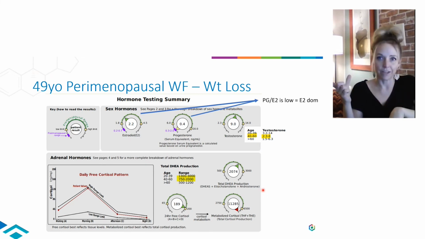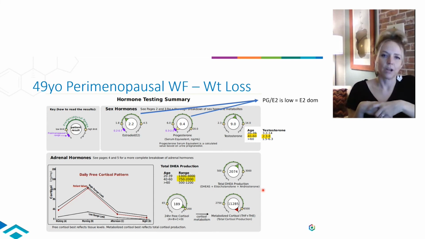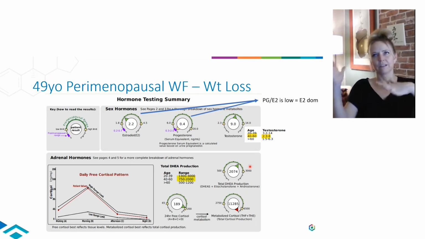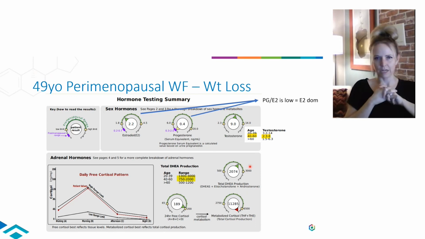One is DHEA sulfate, and then the other 2 are androsterone and etiocholanolone, which are the downstream metabolites of DHEA. And when we add those together for her, she's a little high. For her age range, she should top out at 2,000. So overall, she's a little on the high end. And that total DHEA being a little high matches up pretty nicely with her serum DHEA sulfate, which was 250 on a range that goes up to 244. So that's pretty consistent.